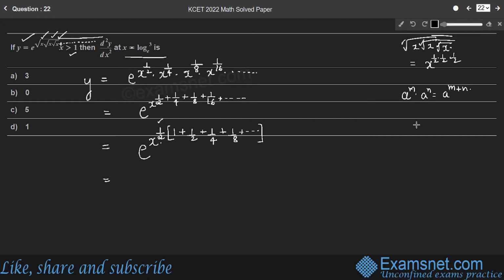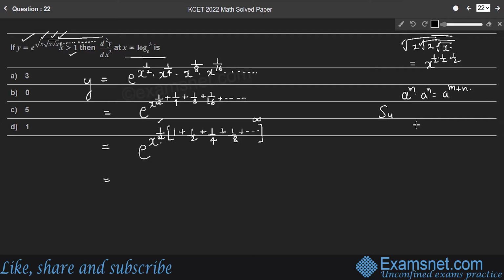There are infinite terms, up to infinity. Therefore, we'll consider the sum of infinite terms in a geometric progression.